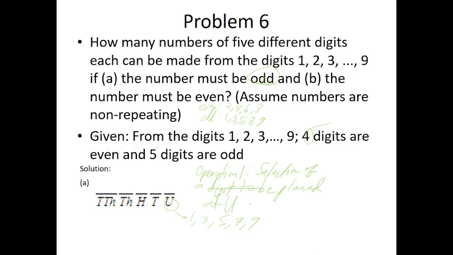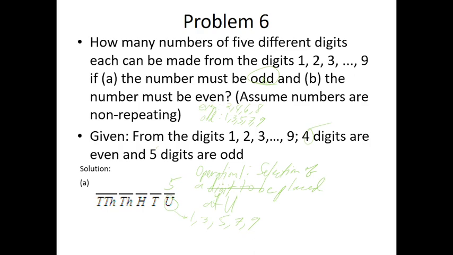Nothing more and nothing less. 1, 3, 5, 7, and 9. So therefore, there are 5 possibilities. There are 5 ways now to perform operation 1. Selection of a digit to be placed at the units place. Because I can choose any of the 5. So I have 5.